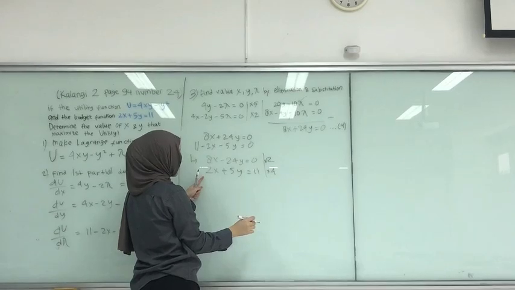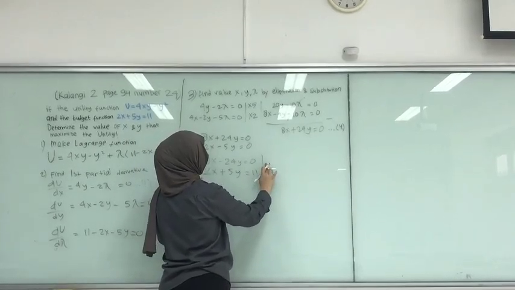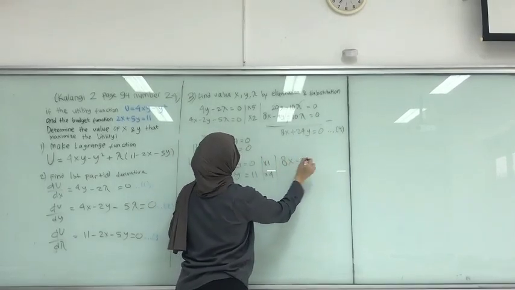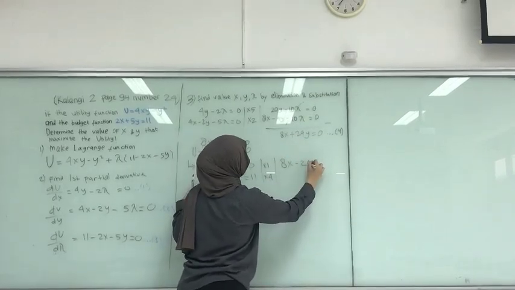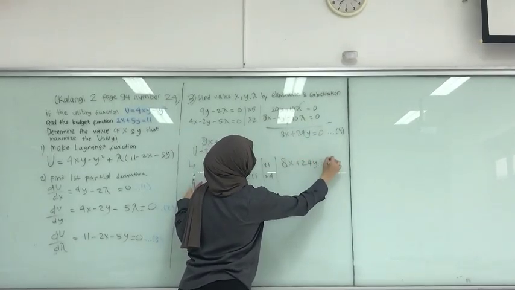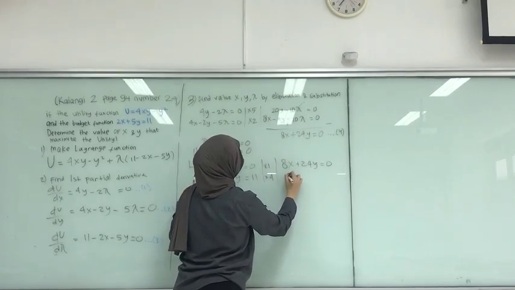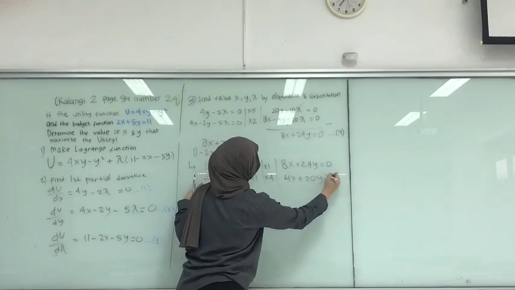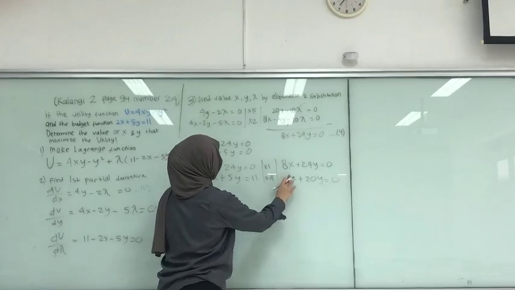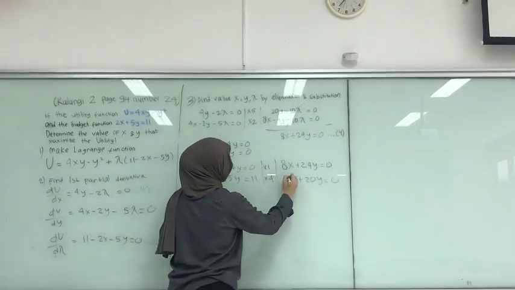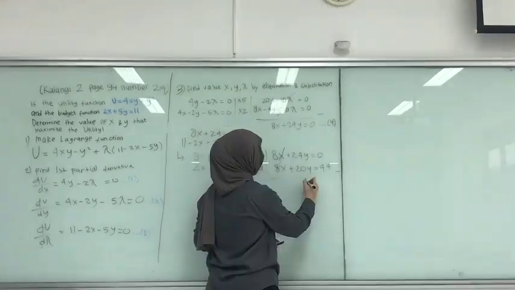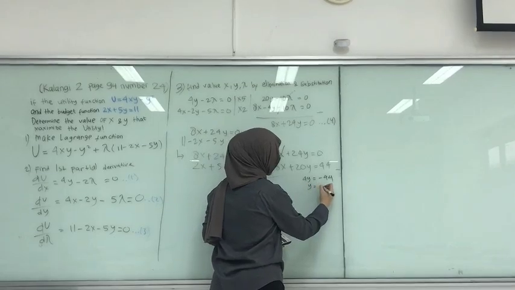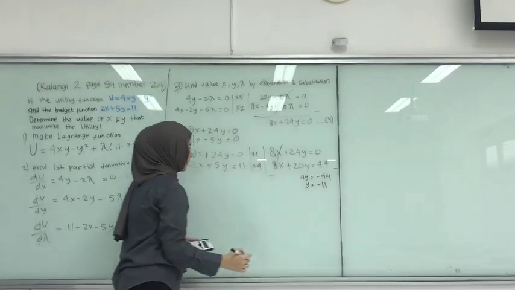Sorry, it should be plus. So 4y equals to minus 44. So we got the y is minus 11, right?